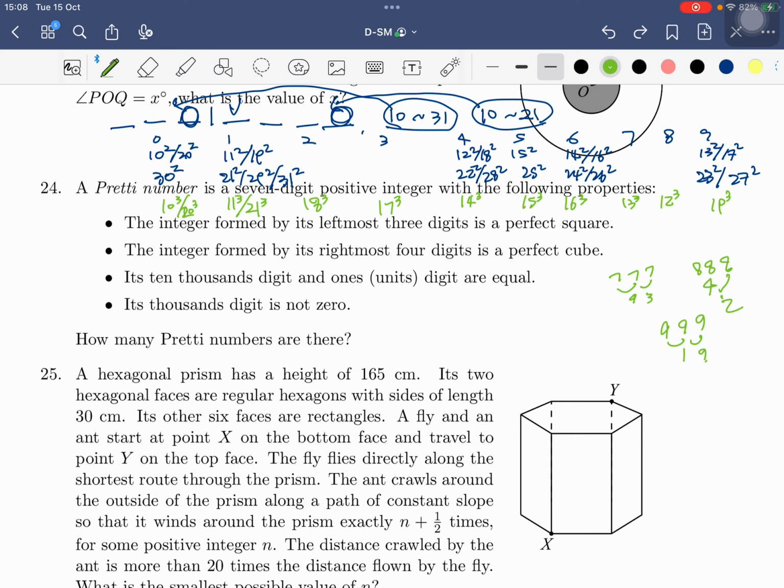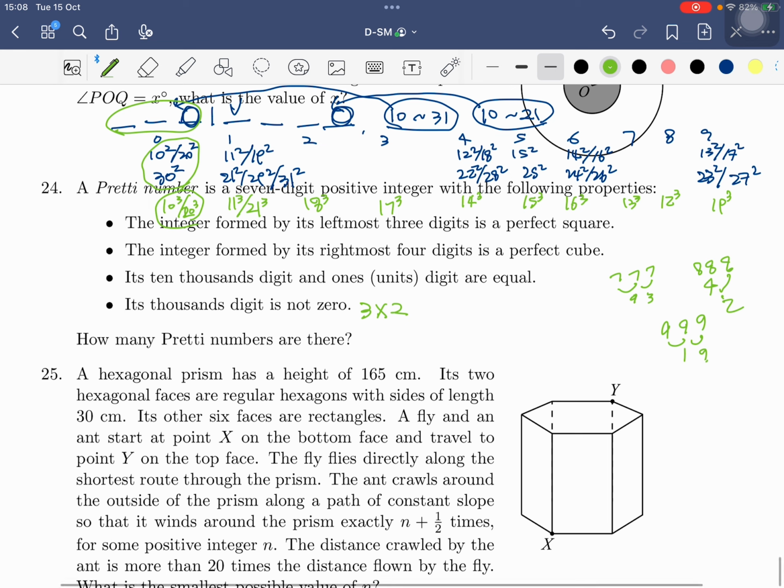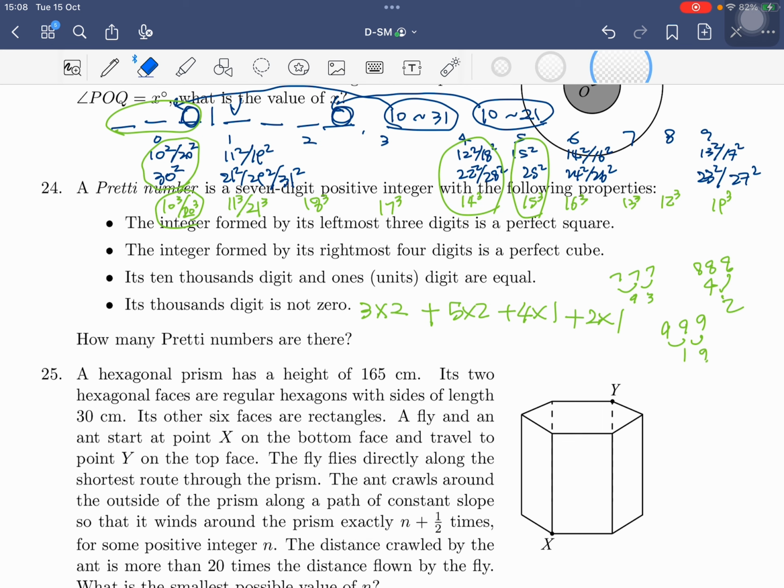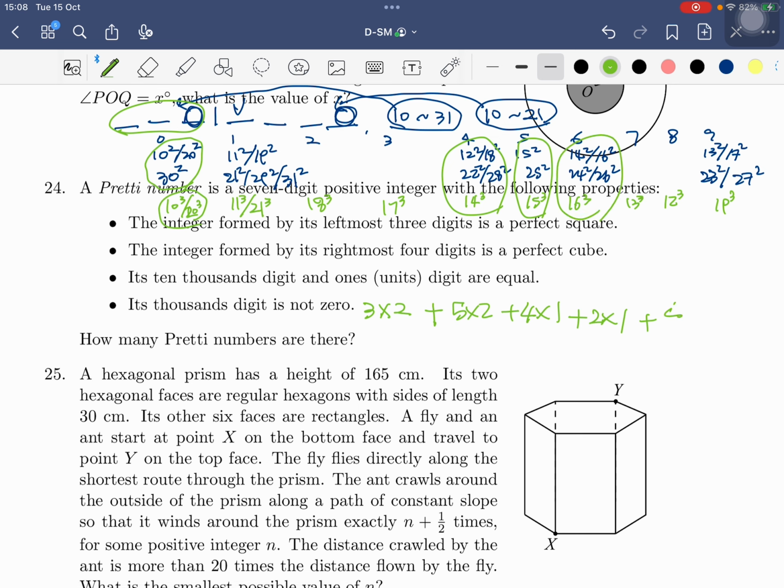So now how many pretty numbers are there? Here we can select any of these for the first 3 digits to make the last digit 0. So 3 times 2, we can choose any of these, plus 5 times 2, plus 4 times 1, plus 2 times 1, plus 4 times 1, plus 4 times 1.